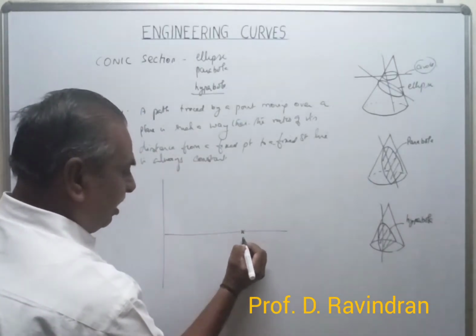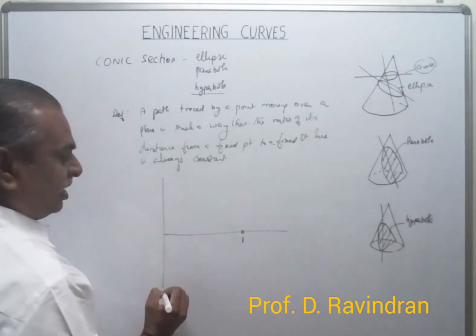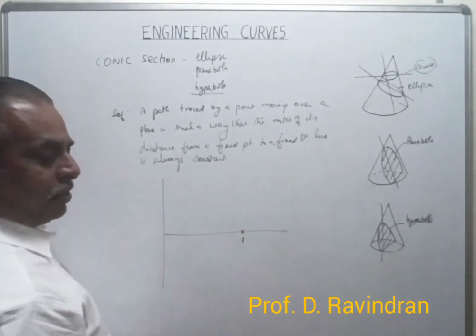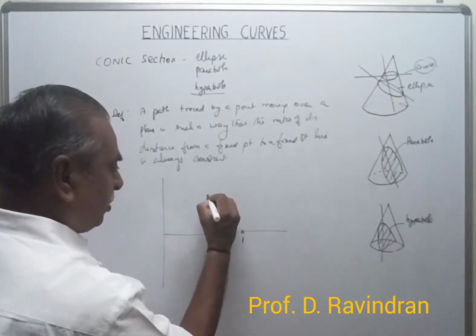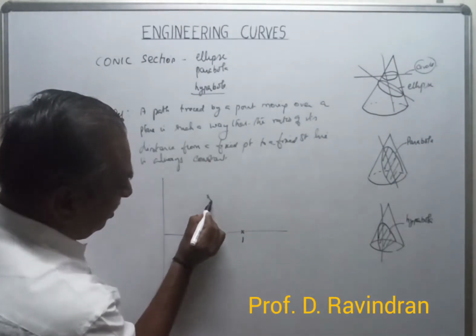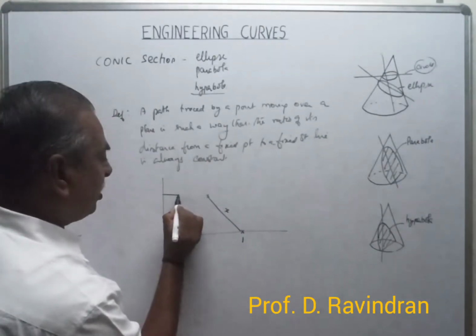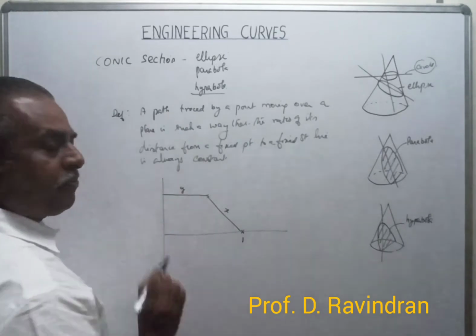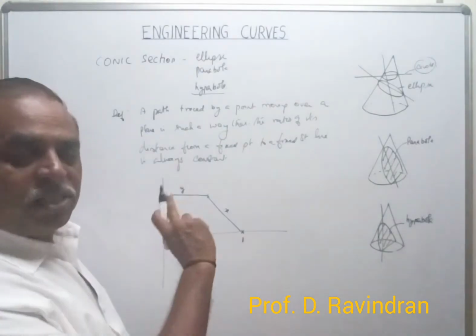Let us say a fixed point and a fixed straight line. This is the fixed straight line and this is the fixed point. Suppose a point is moving over this plane subject to a certain condition. That means the distance to the point we say is x and the distance to the straight line we say is y. Now this x by y ratio is always constant.